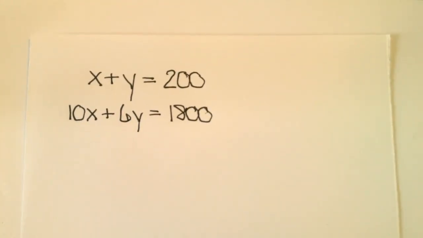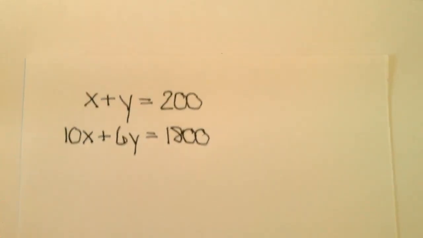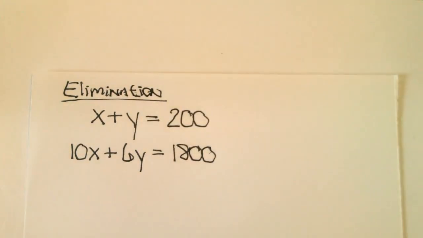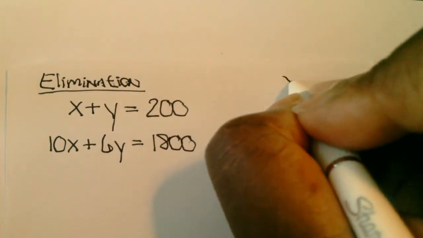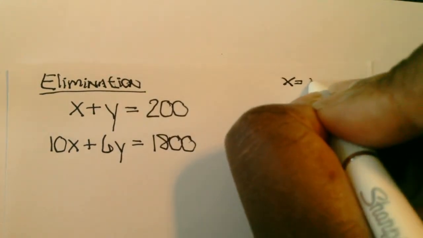All right. So this one we're going to do what's called elimination. My personal favorite. Now, what this said is we need to find out how many adult tickets. And remember, x was representing the adults.